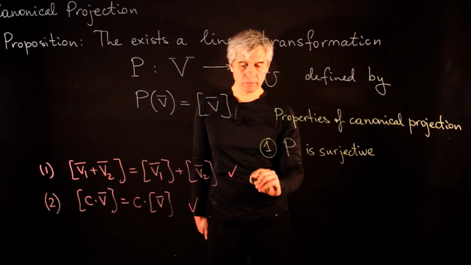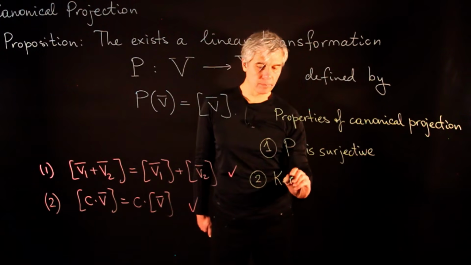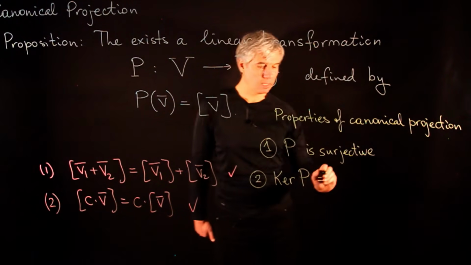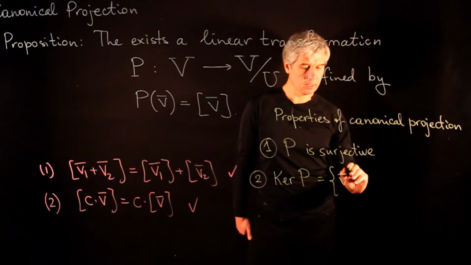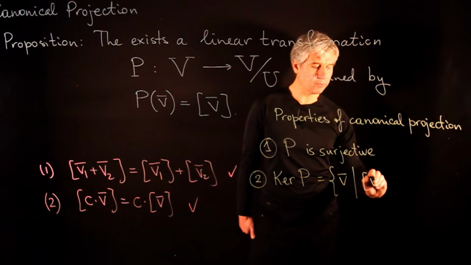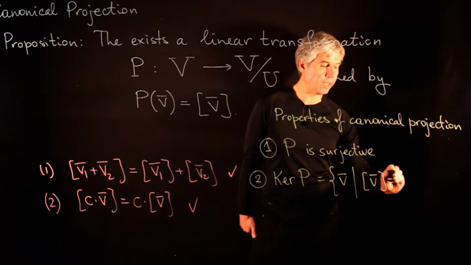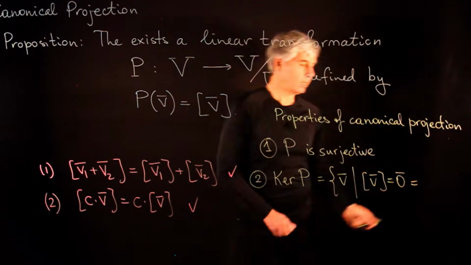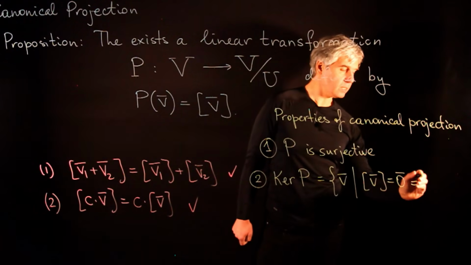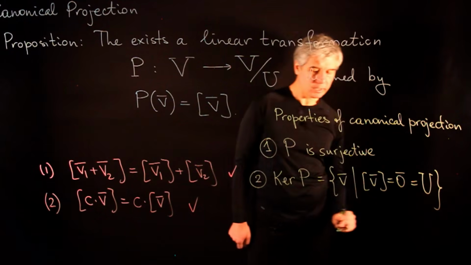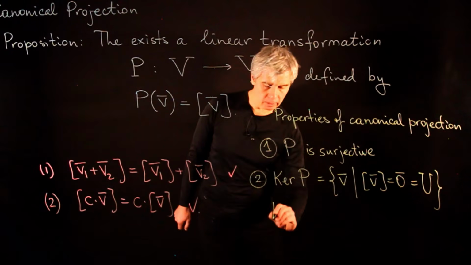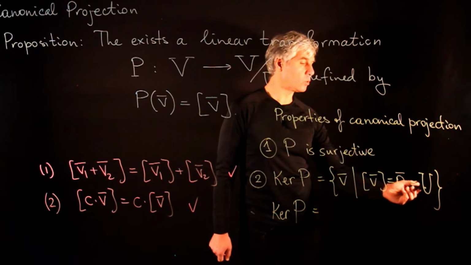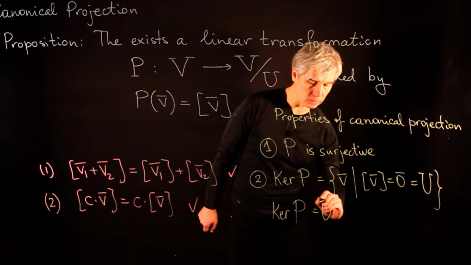And the second property, let us look at the kernel of the canonical projection. The kernel is the set of vectors V such that the equivalence class of V is equal to the 0 vector. But this 0 vector is the 0 vector in the quotient space, and the 0 vector in the quotient space is the subspace U. So the kernel of the canonical projection is the set of vectors that belong to the subspace U.